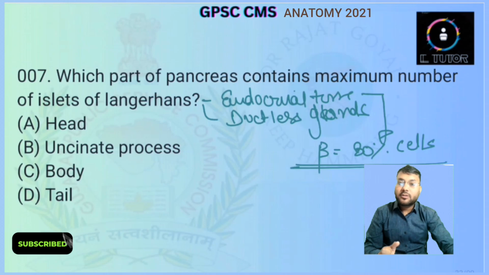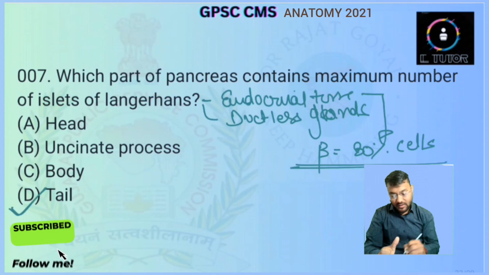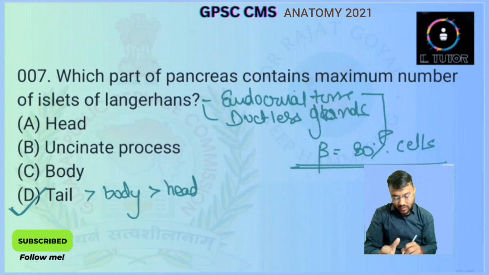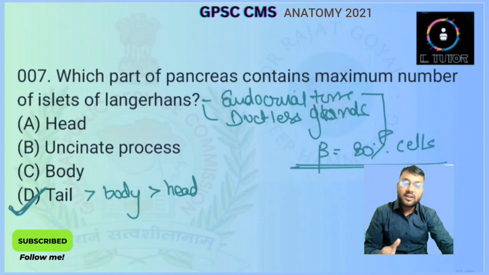Now, where they are present in the maximum number: the tail, then the body, then the head. So the maximum number are in the tail. The answer will be option D, tail.